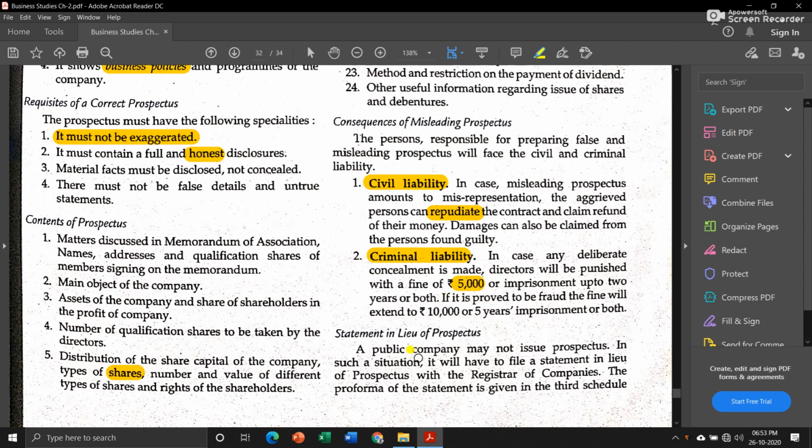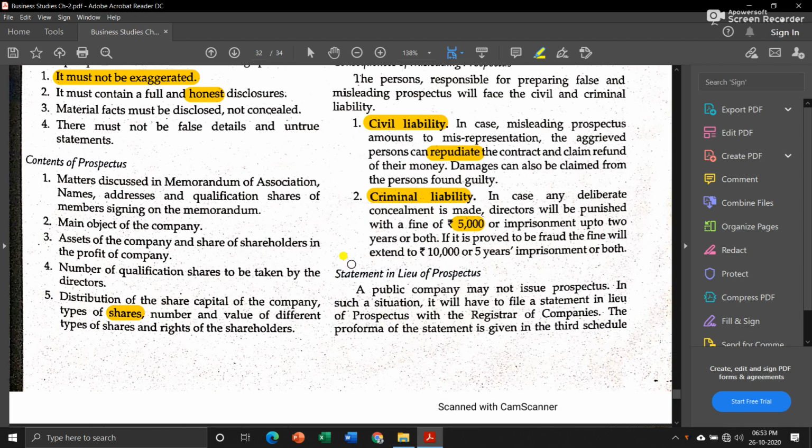Now, in certain topics we have come across statement in lieu of prospectus. Now let us see what is this. A public company may not issue prospectus. In such a situation, it will have to file a statement in lieu of prospectus with the registrar of companies. If a public company doesn't want to issue prospectus, then that company will prepare a statement, and that statement is known as in lieu of prospectus.